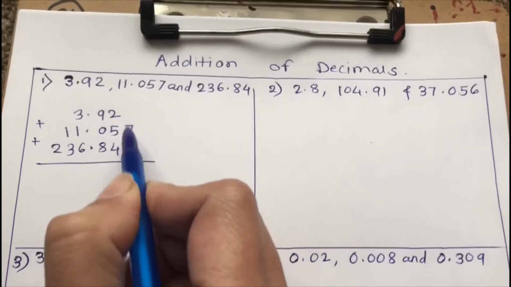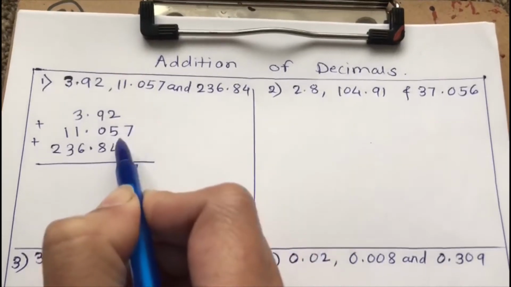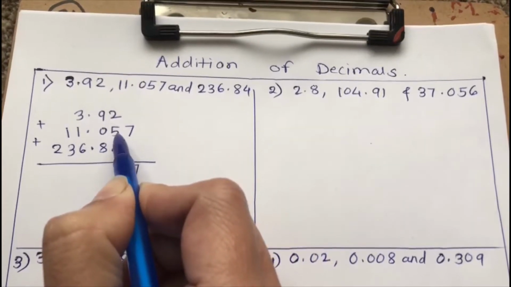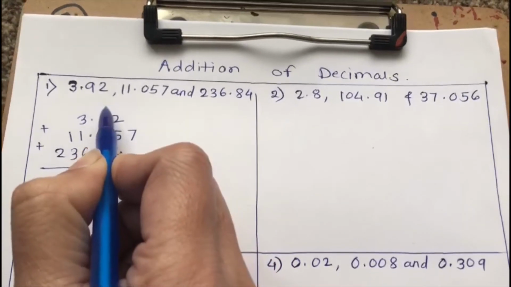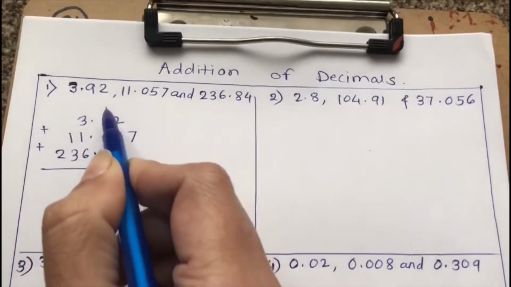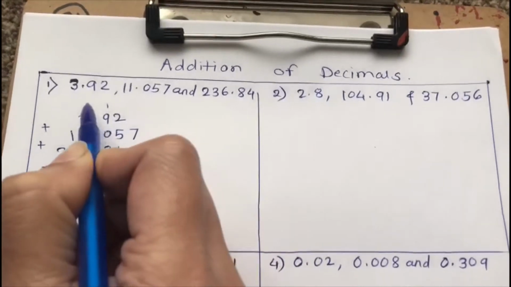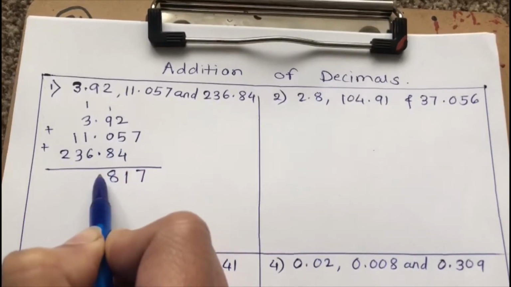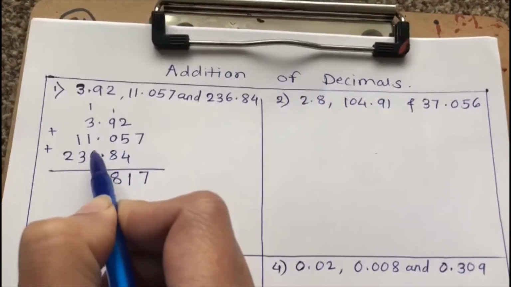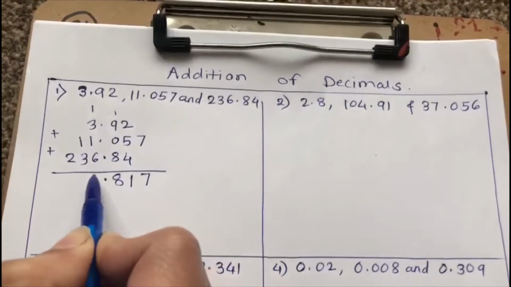So in this vertical line there is no other number, so I write 7 like that. So 4 plus 5 is 9, plus 2 is 11, carry 1 here. 8 plus 1 is 9, 9 plus 9 is 18. So I write 1 here, and below the decimal point I give the decimal point here. 6 plus 1 is 7, 7, 10 plus 11.